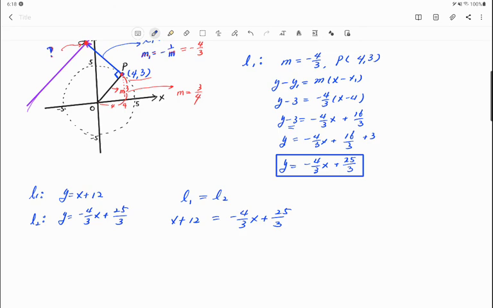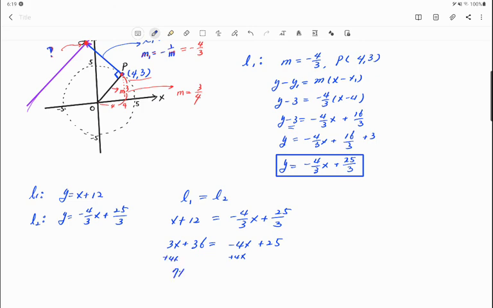Why don't we multiply the equation by 3 so that we can remove the denominator 3. I'm going to multiply everything by 3. So this will be 3x plus 36 equals negative 4x plus 25. Then move negative 4x to the left: 3x plus 4x is 7x.